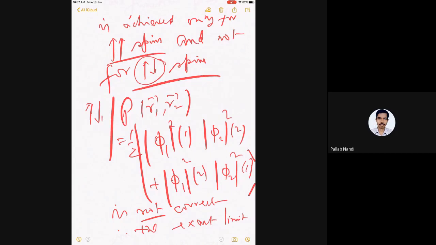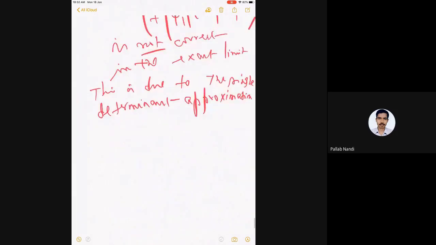For parallel spin, somehow, at least qualitatively, the probability is coming to zero. I mean, there would be errors, but for anti-parallel spin, it seems that even a qualitative probability is not coming right, because the wave function actually should be zero. Two electrons can never be in the same space, regardless of the spin. Many people would wonder why it is happening.